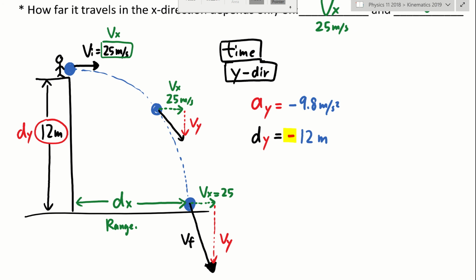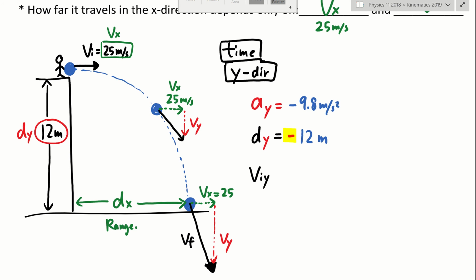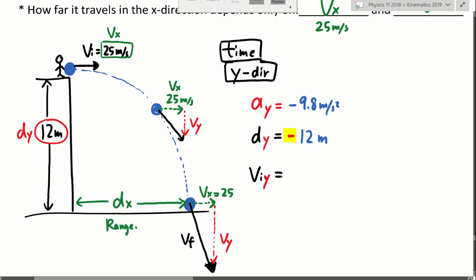Okay, what else do we have? Do we have V initial Y? Do we have V initial in the Y direction? This is a very tricky question. Do we have an initial speed in the Y direction? Now, you look at my initial speed. Our initial speed is 25, but that's only in the X direction.